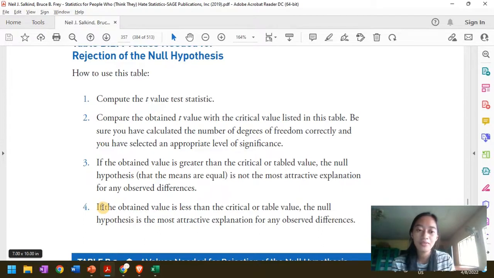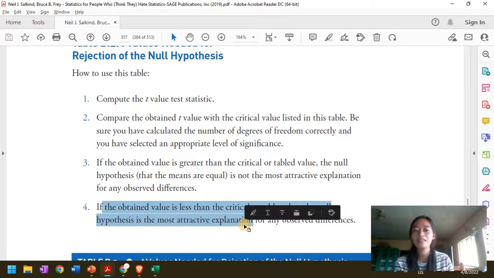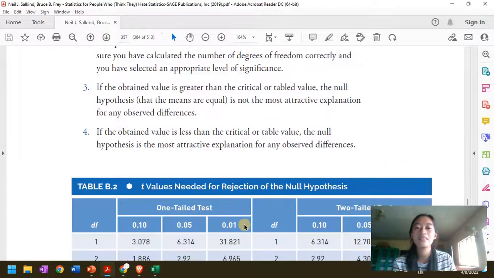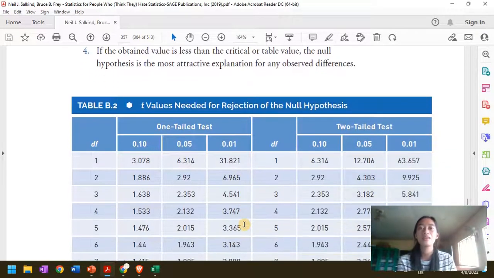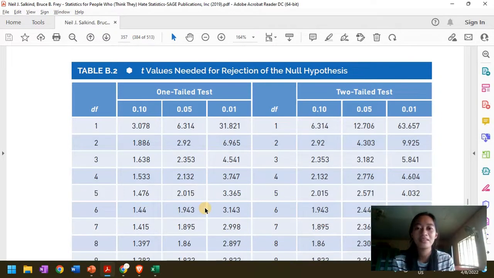And number 4, if the obtained value is less, so strong ang null hypothesis, and we only have a small evidence against it. So pangitaon nato si critical value.